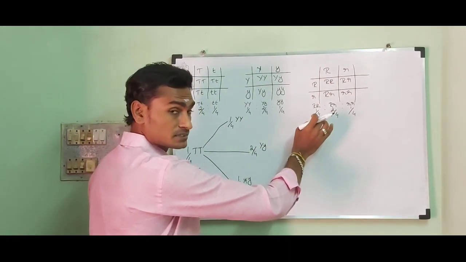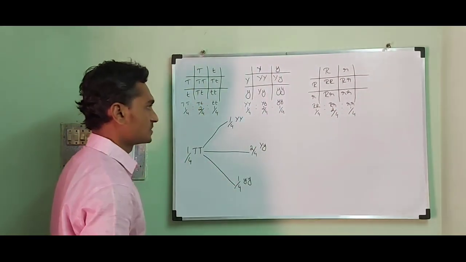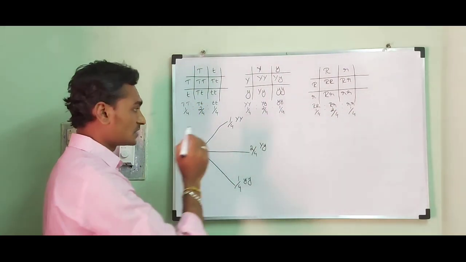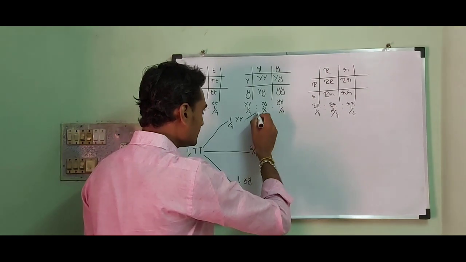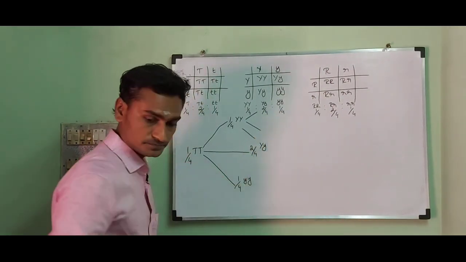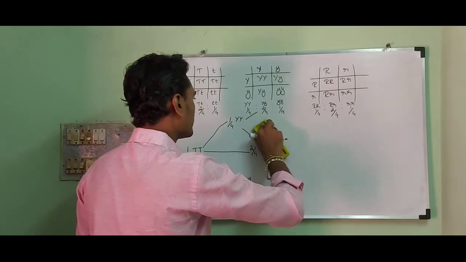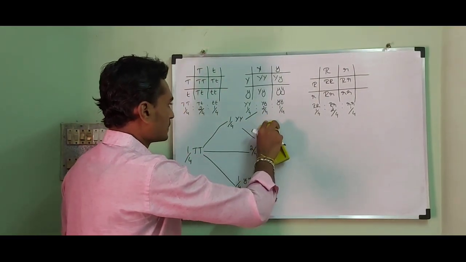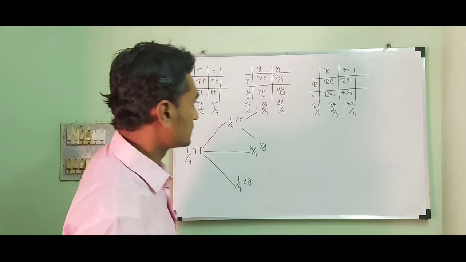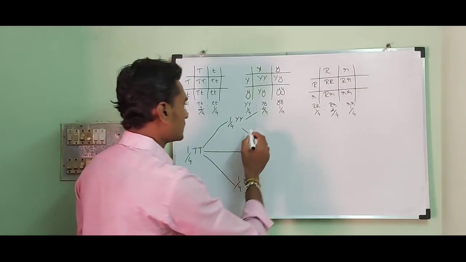So we have to draw 3 fork lines for this character. Those results are going to be attached with the seed color.